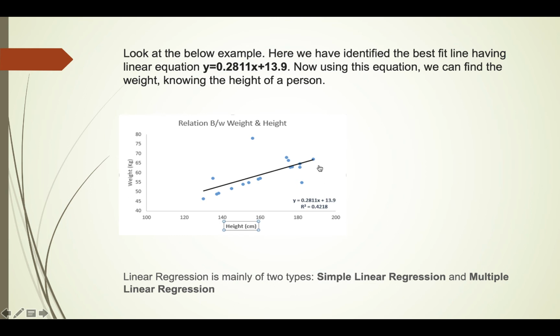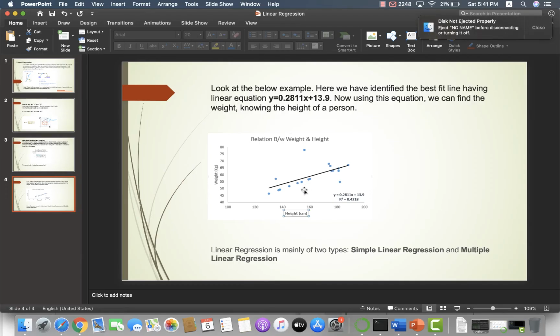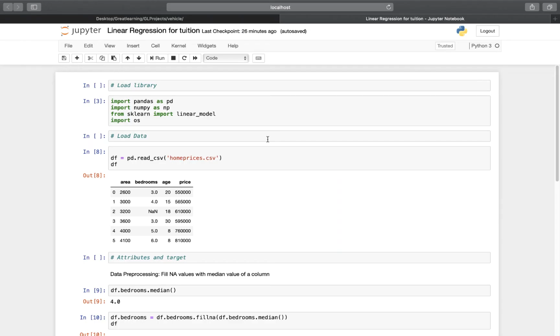Linear regression has got many use cases. We'll have a practical look into how linear regression is used in Python with a Jupyter notebook. You must have gone through my video on how to install Jupyter notebook or Anaconda on your system.